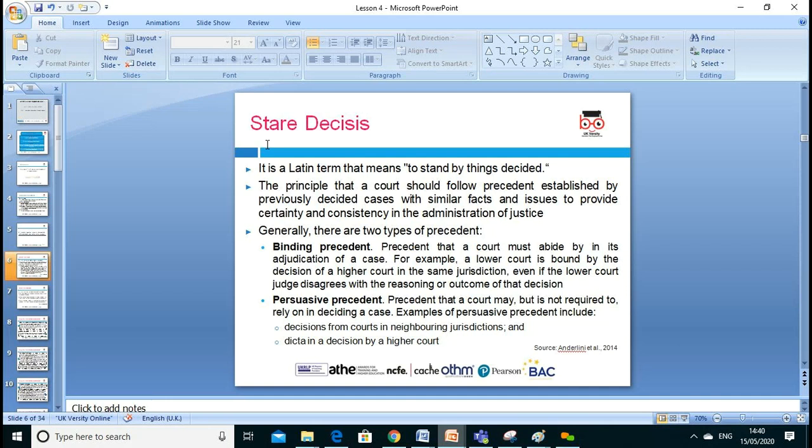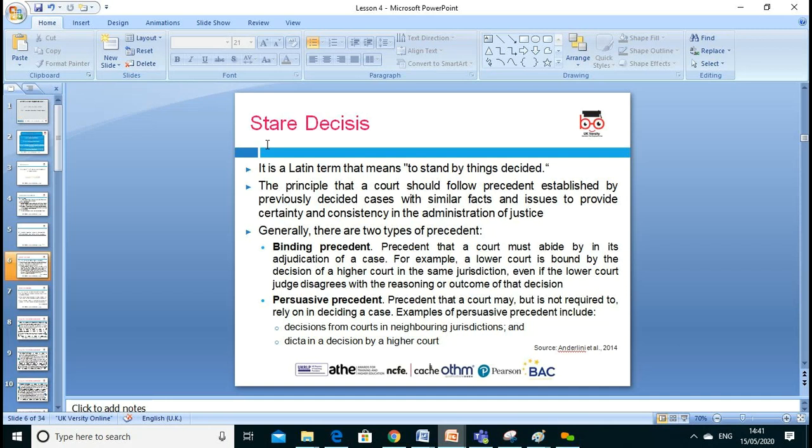What happened? What were the findings? Binding. So we can look at binding precedent. It means the court must abide by it in its decision of the case. So for example, a lower court is bound by the decision of the higher court in the same jurisdiction, even if the lower court judge disagrees with the reasons or the outcome of the decision. Persuasive precedent means the court may, but is not required to, rely on it in deciding the case.